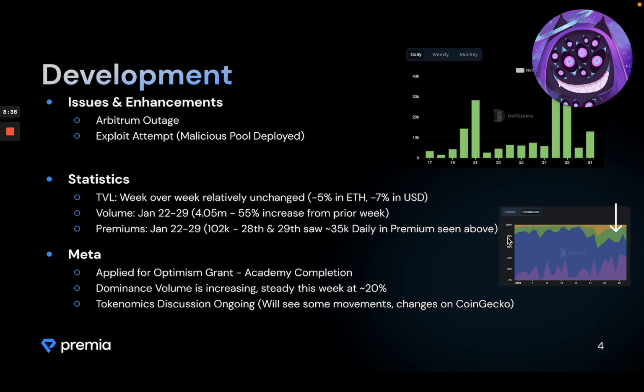Regarding development, all right, so you may have seen on the launch on Friday, unrelated to Nox, I outlined that there was an outage on Arbitrum. There was a malicious pool that was deployed. It was able to circumnavigate some of our pool checks. However, upon the subgraph trying to interpret this pool, because it had been allocated some votes, it was unable to interpret that.